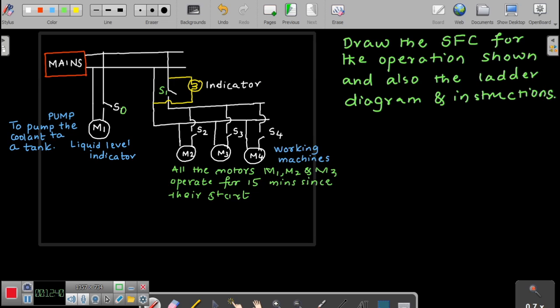So this is what we are supposed to do here in this example.